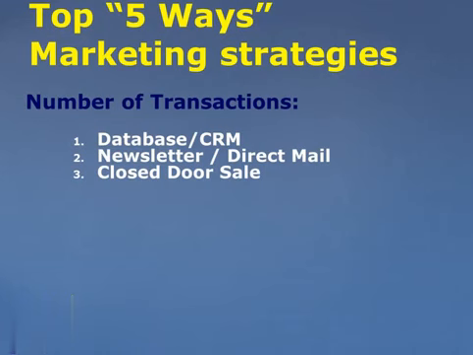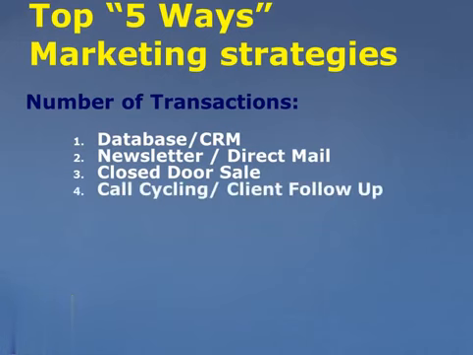Then what we've got to look at on the top of that is more follow-up. Because far too often I find that repeat business doesn't happen just because there's no or very little follow-up. I call it call cycling, and it kind of works in the year where there's 26 letters, let's say for example in the alphabet, and 26 goes into 52 weeks, so it goes into that twice. So you can go through every letter of the alphabet twice a year.